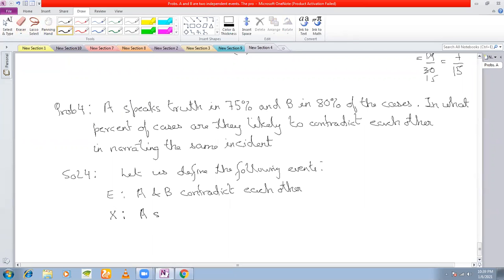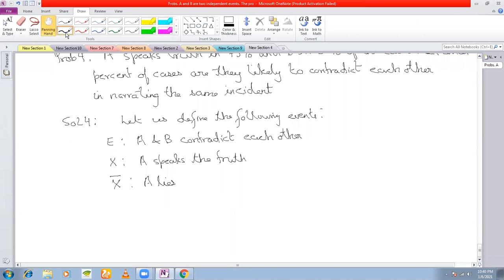That A speaks the truth. Then what is the complementary event? A lies. Let us define the event Y: B speaks the truth. What is the complementary event? B lies.